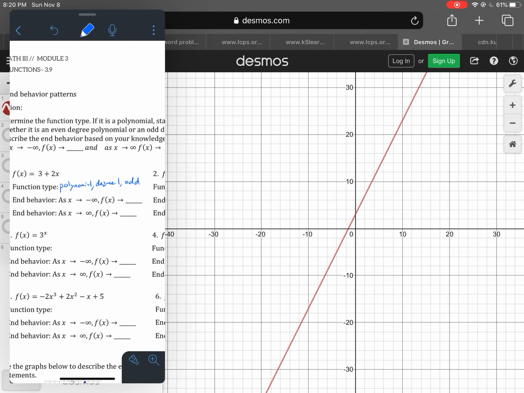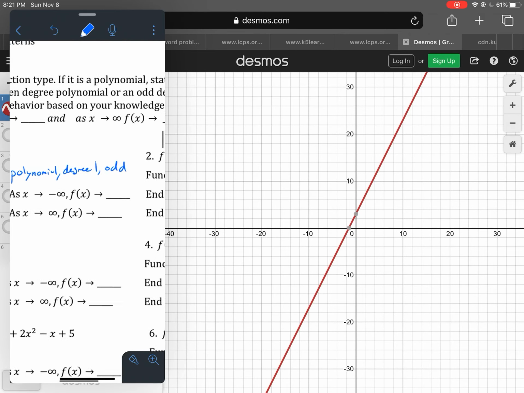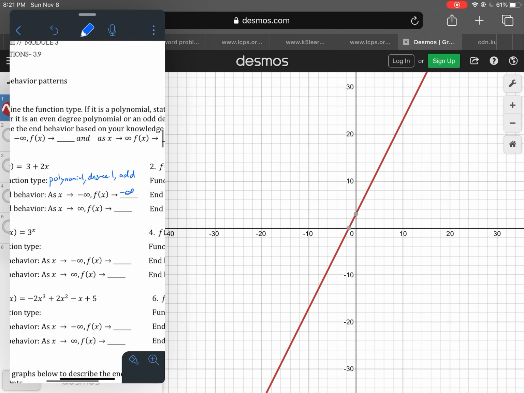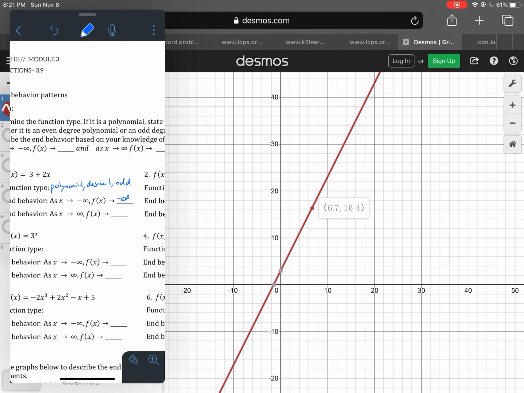Like if we look here, it's going down. As the x values go down, the y values go down. So you could say as x goes to negative infinity, y goes to negative infinity. Now what happens as x goes to positive infinity? Well, let's look. As x goes to positive infinity, y goes to positive infinity.